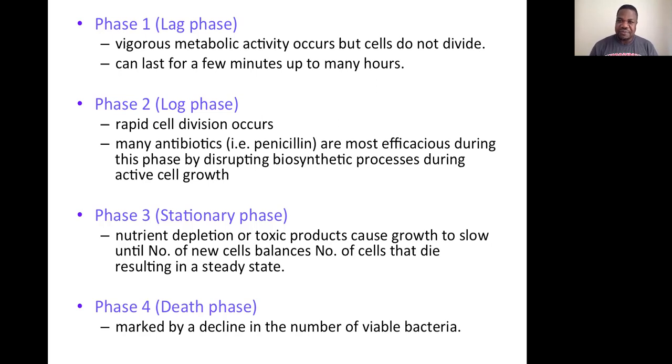Okay, so the other implication of this information is that when you put a catheter in a patient, microorganisms that attach to the surface of a catheter form what we call a biofilm.